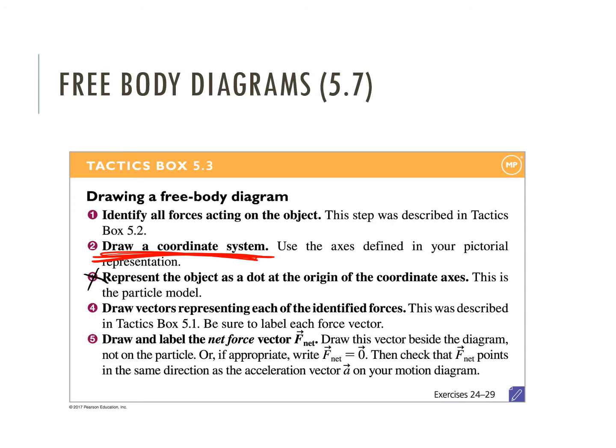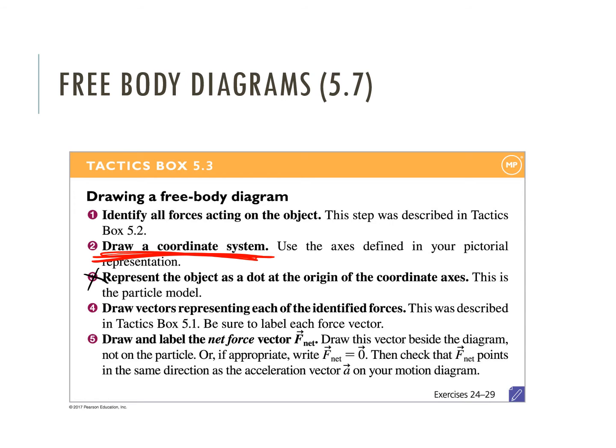You can do what I do, you can do what the textbook does, you can do something different as long as you have a coordinate system. Once you do that, you're going to draw the vectors, again, roughly the correct direction and roughly the correct length in relationship to each other.